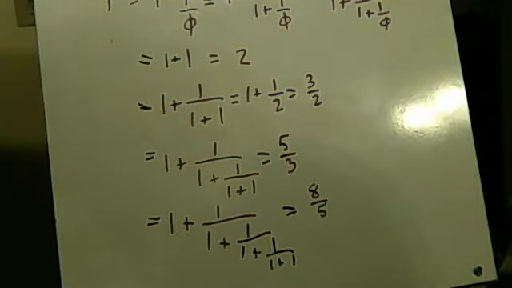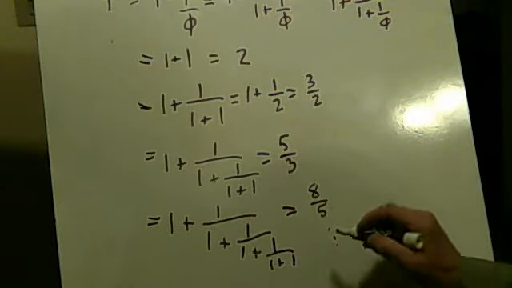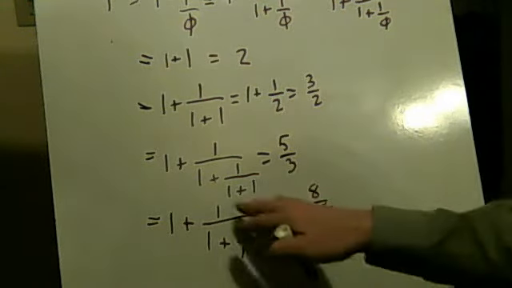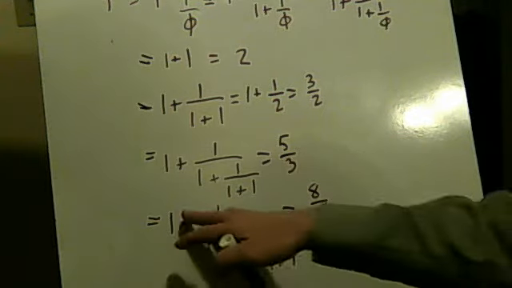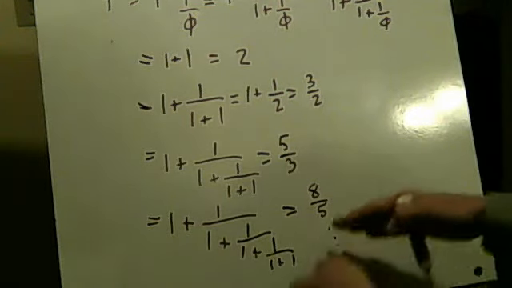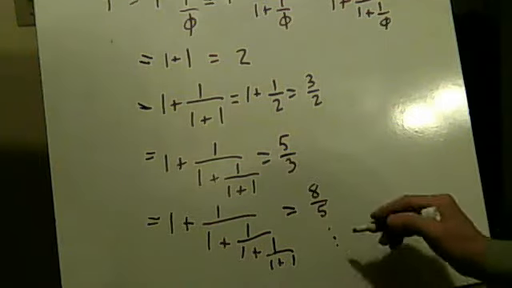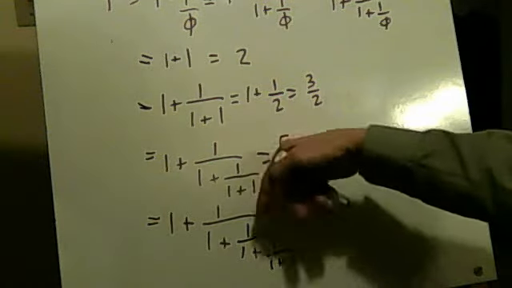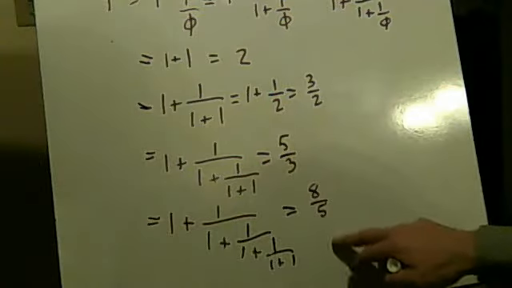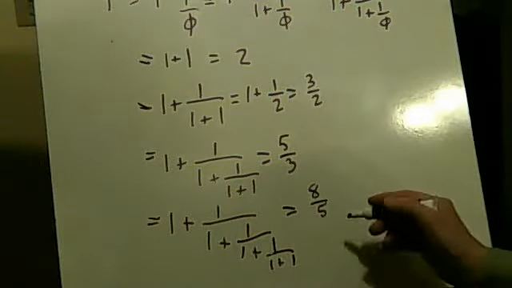And what you can see here is that this pattern is numbers that get closer and closer to the golden ratio, because this expression gets more and more accurate. But because of the way in which these simple numbers are formed, these are actually the ratios of adjacent Fibonacci numbers.